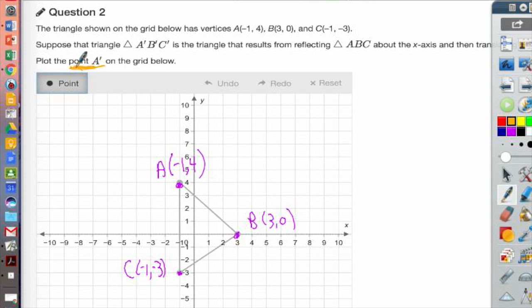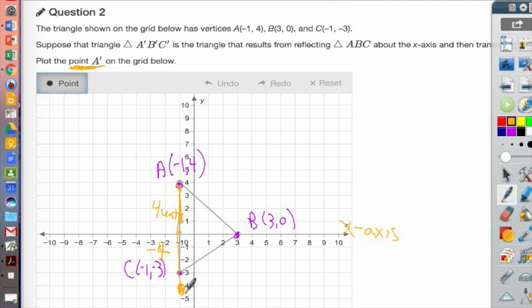Where does point A end up? Okay, well, the reflection is over the x-axis. So here's A. It's 4 units from the x-axis, so its mirror image is going to be here. So this is 4 units, and then it goes -4 on the reflection.